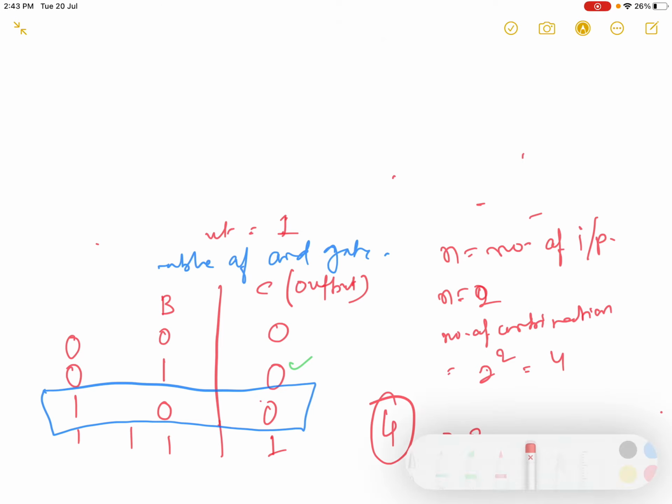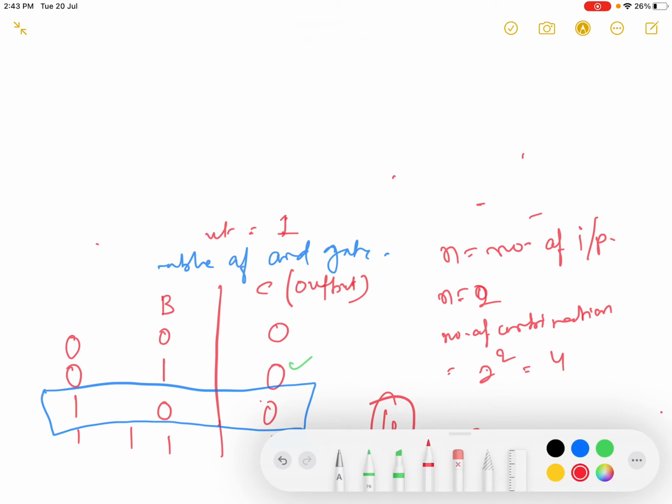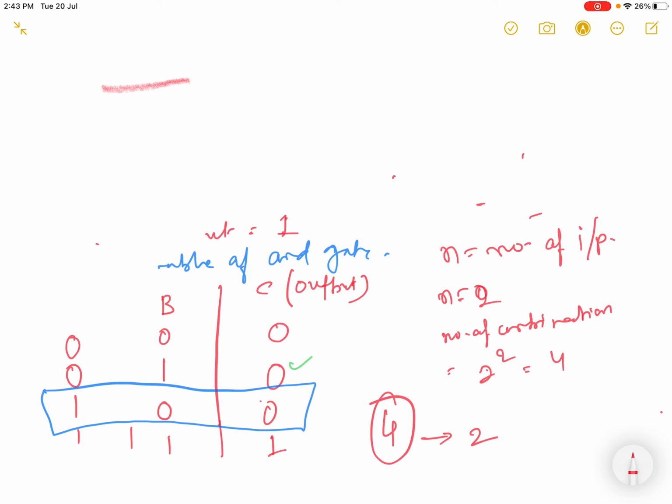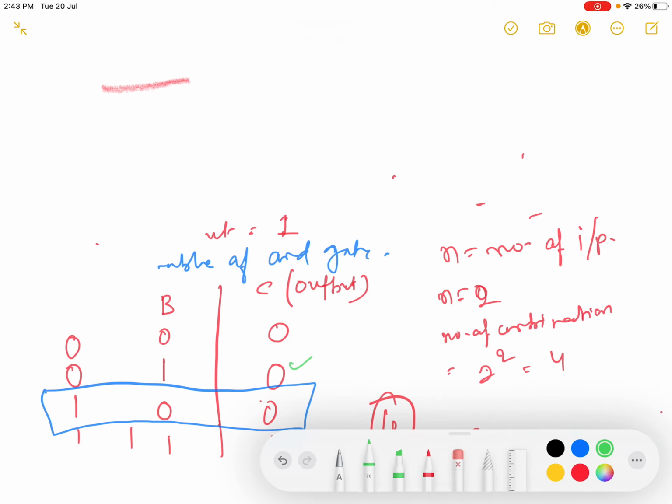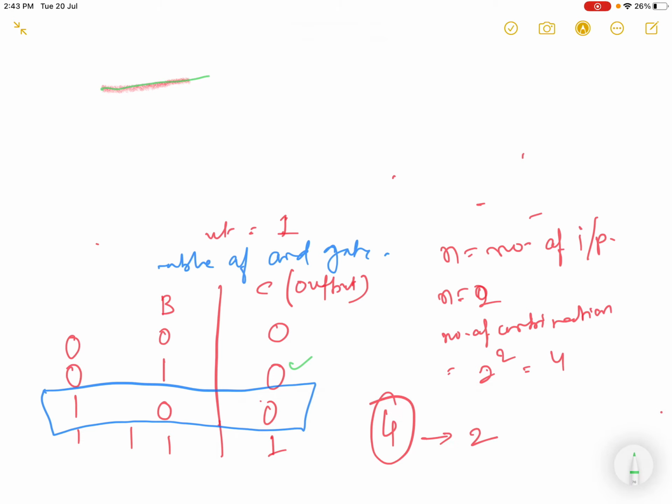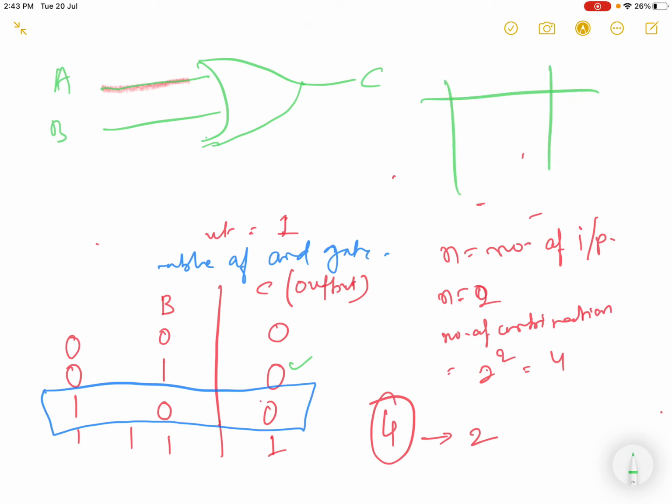Okay, so coming on to OR gate. So OR gate looks like this: A, B and C. See, number of input A, B, and what is the output is C. Okay, so number of combinations will be 0 0, 1 1, 0 1 and 0 1.